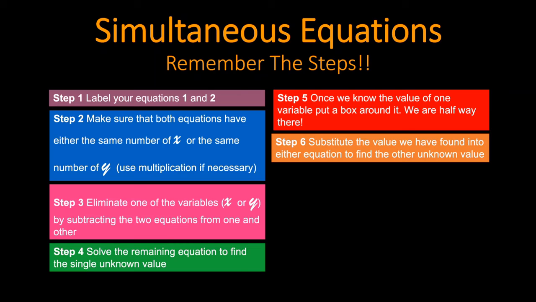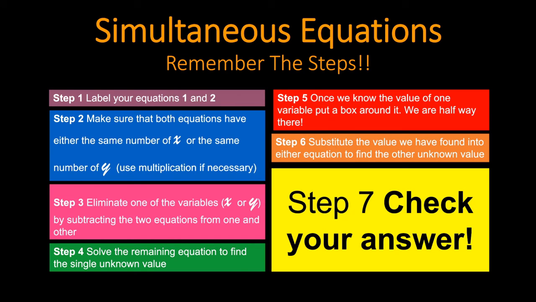Step 7, once you've got your two variable answers, check your answers using the equation that you have not yet used. If you used equation 1 in step 6, we'll use equation 2 to check. If you used equation 2 in step 6, we'll use equation 1 to check. So make sure you've got those steps down. Have another look over the example if you need to before we go on to the practice.